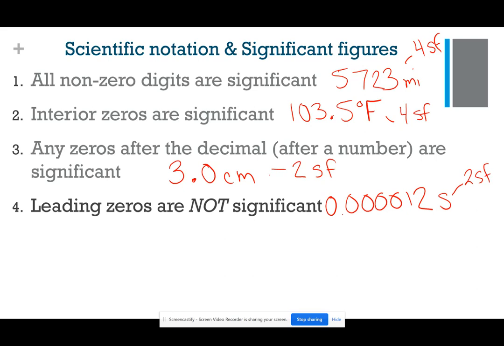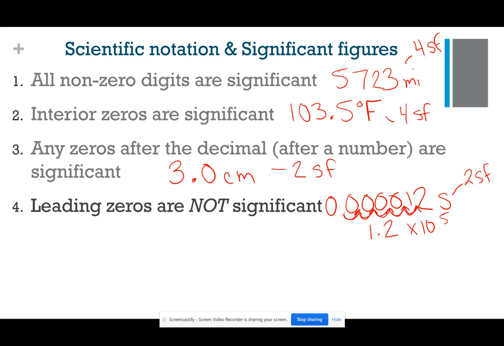Here's where scientific notation is helpful. If I were to put this number into scientific notation, what would it look like? I would move the decimal over until I get a number between 1 and 10. So 1.2 times 10. And now I need to tell the viewer how many places I moved it. So 1, 2, 3, 4, 5.